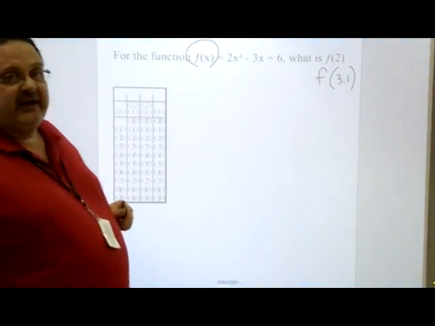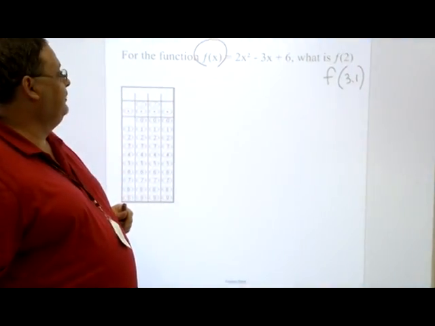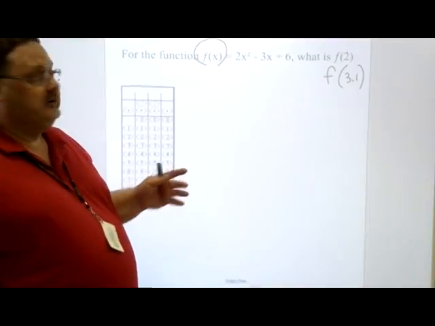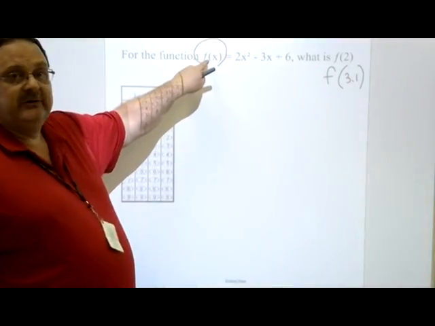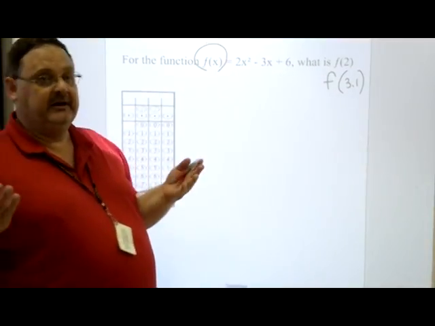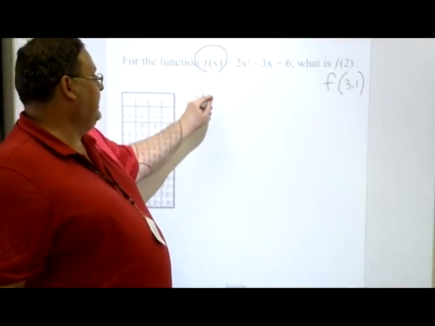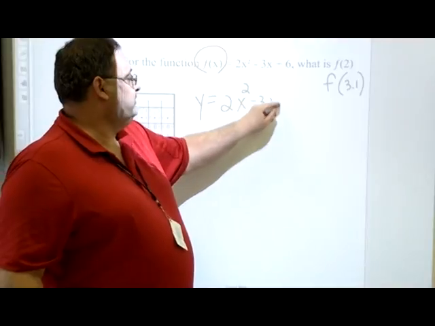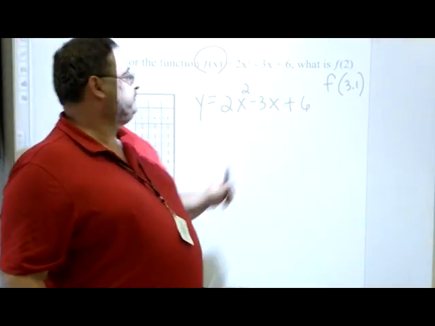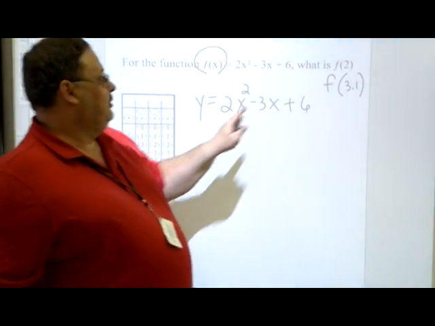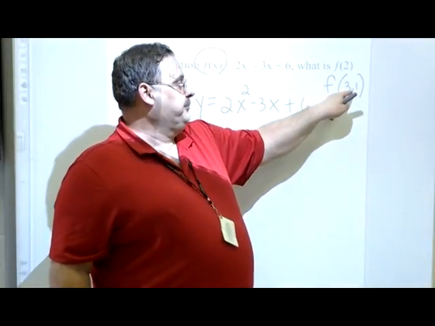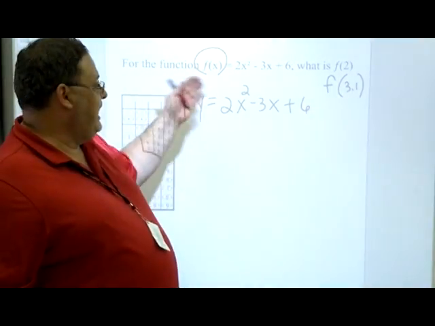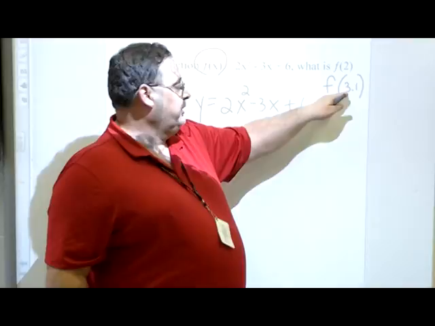And this would maybe be an example that would be on the calculator version of the test. What changed? Well, first of all, I still see f of x, so it tells me that it is a function. So I can say y equals 2x squared minus 3x plus 6. And now they want to know, what about f at 3.1? In other words, what is y if x is 3.1?